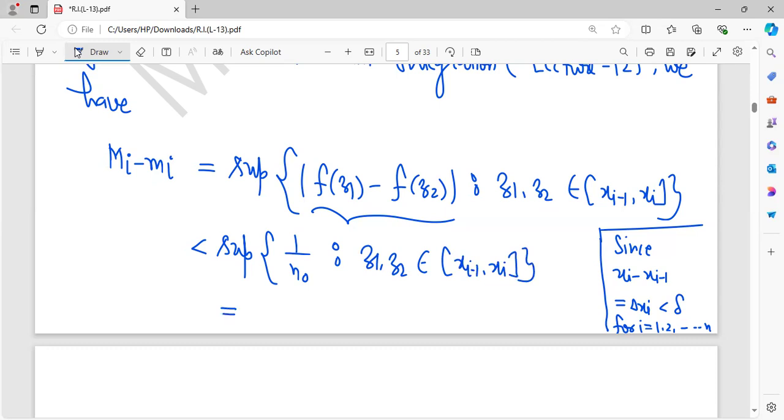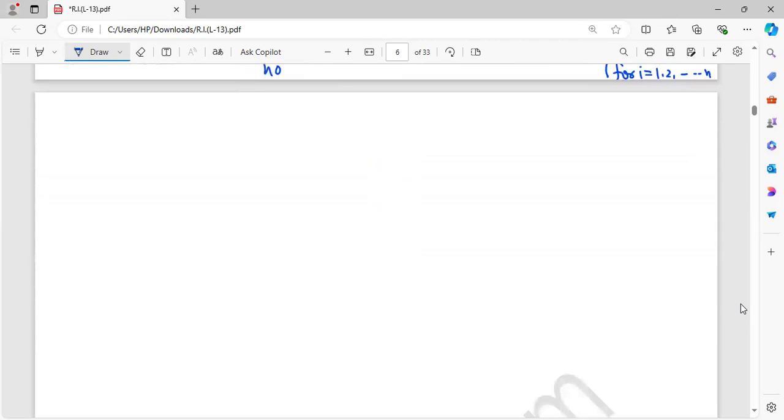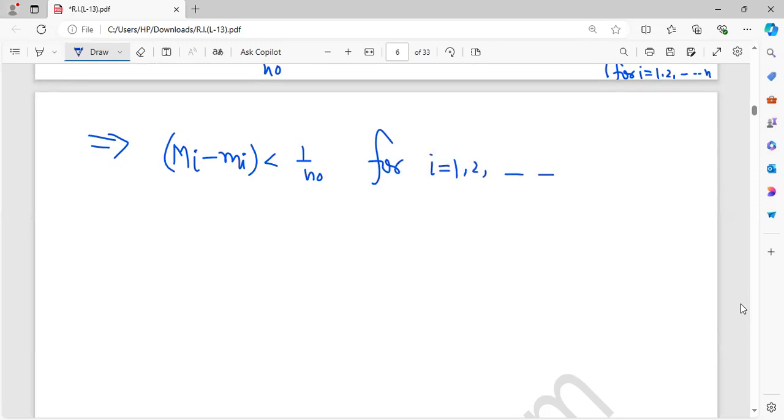So this is 1 upon n naught. So this implies Mi minus mi is less than 1 upon n naught, for i going from 1 to n.